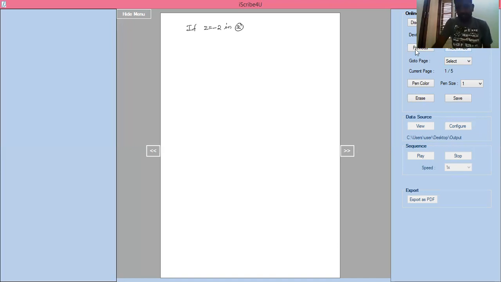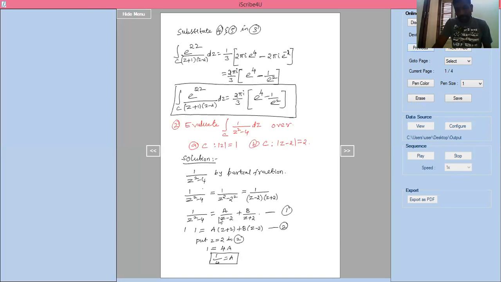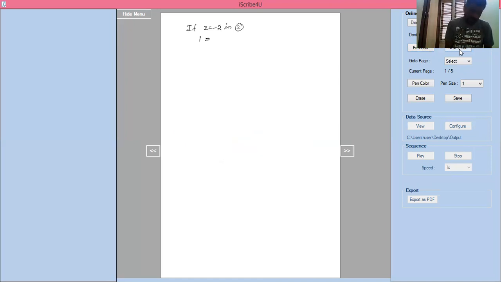Then minus 2 plus 2 is 0, and the B term is minus 2 minus 2, so 1 equals minus 4B. So B equals minus 1 by 4.